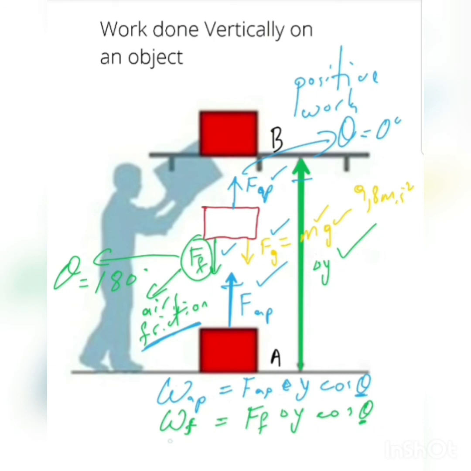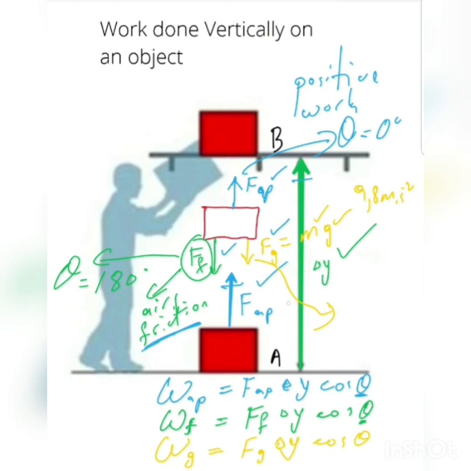Then lastly, we are going to calculate the work that is being done by the gravitational force. So we are going to have here Fg, which of course can also be expressed as mg delta y cos theta. And again, for our theta in this case, you check the direction of the force of gravity.